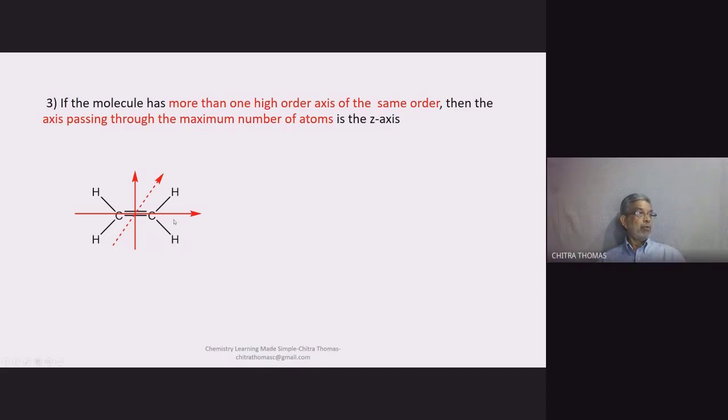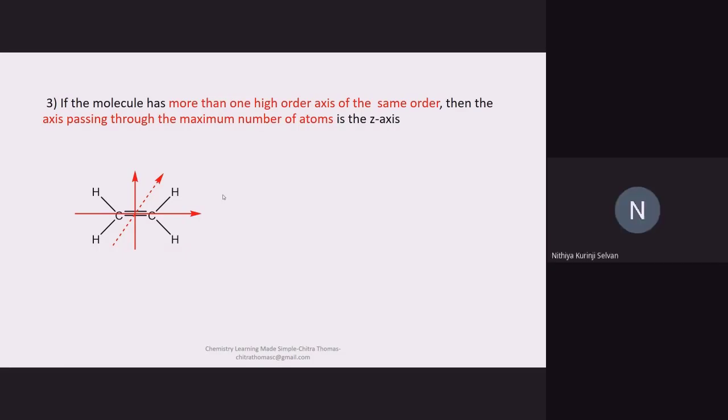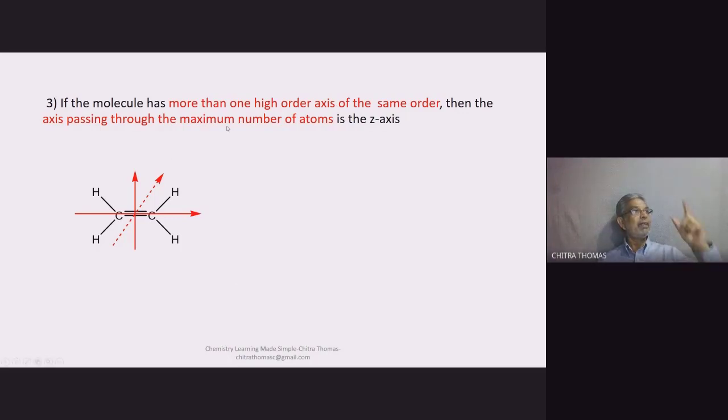Then there are three mutually perpendicular axes. You decide the Z axis according to this rule. Can anyone tell me? The one which passes through the two carbons. Yes, you are correct. So you must be able to apply what is in a statement to the real situation. You are not mugging this up, you just apply this. Use your common sense, then logically.